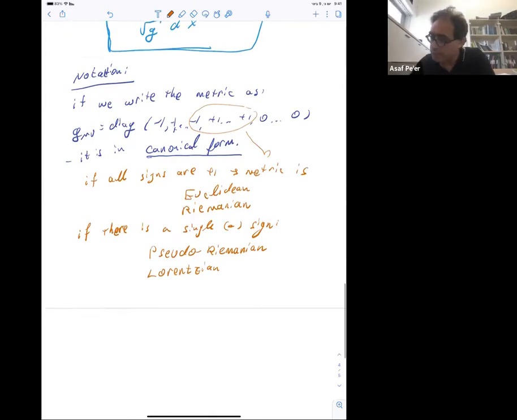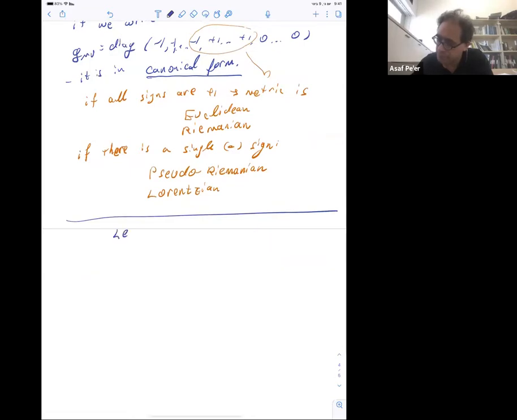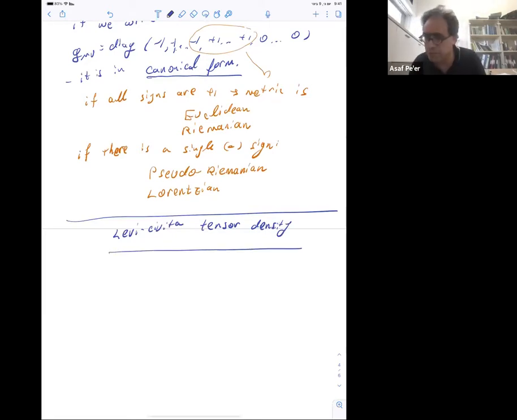Okay, one more thing before we can move on is to talk about another tensor, which is not really a tensor, and now is the time to fix that. It's called the Levi-Civita, and what it really is, is a tensor density. Remember that in flat space-time we had the Levi-Civita tensor, which we called a tensor, but it's not really a tensor.